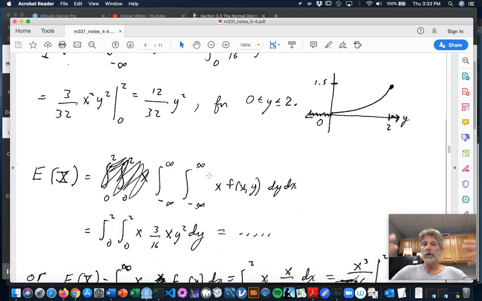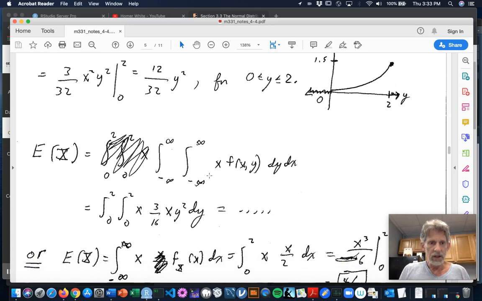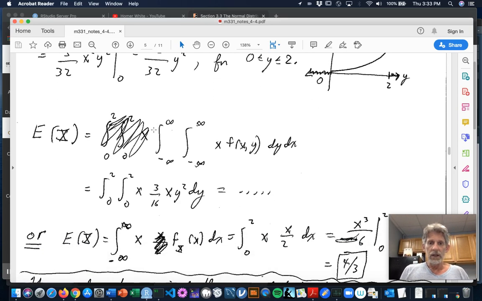Okay, how about expected values for your marginals? So one way in discrete world was to do the sum over the entire sample space of x times the PMF. Same here in continuous.